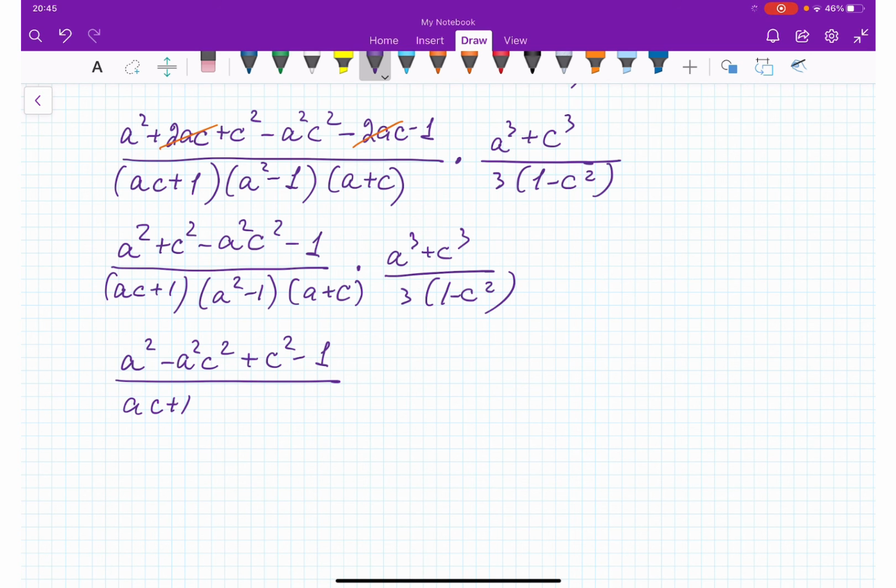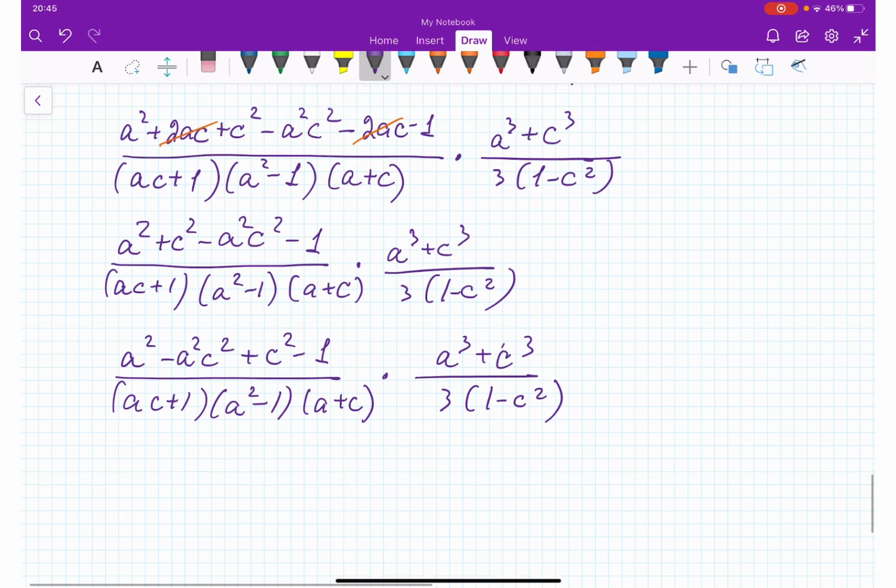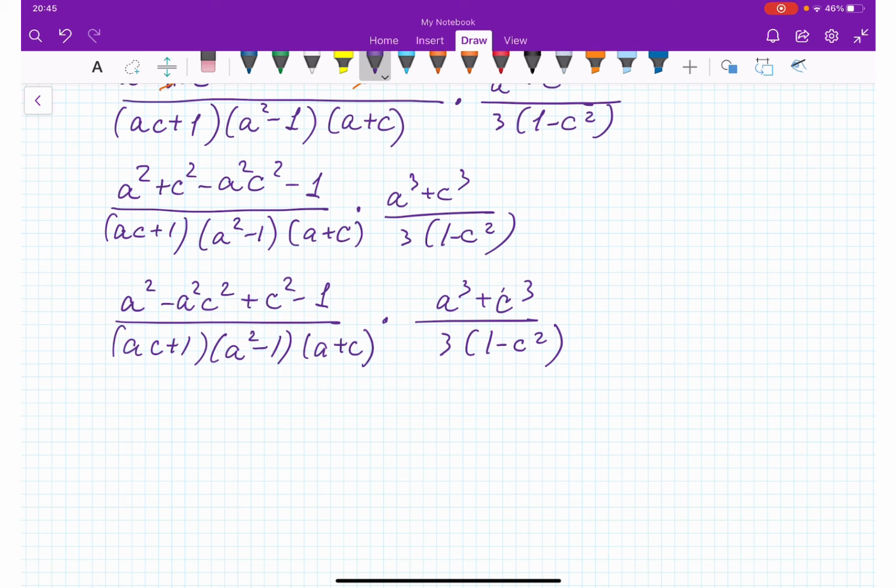ac plus 1, a squared minus 1, a plus c times a cubed plus c cubed, 3 times 1 minus c squared. Alright, let's group it. So we are going to have these two together grouping, these two together grouping. And we are going to get a squared taking out.